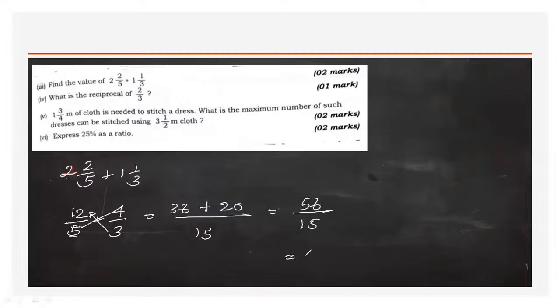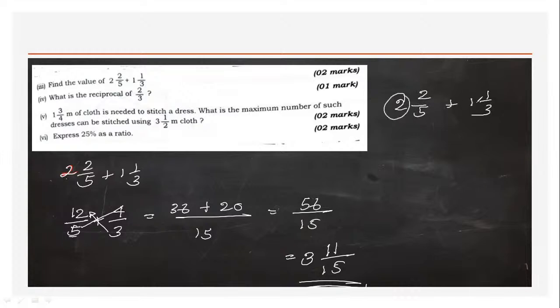56 divided by 15, 45, there are 3. And 11 over 15. This way also can do. If you don't like this method, 2 and 2/5 plus 1 and 1/3. This way also, whole number part 1 and 2, 3, and 2 over 5 plus 1/3.